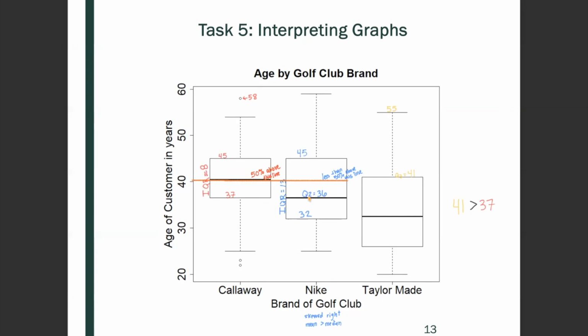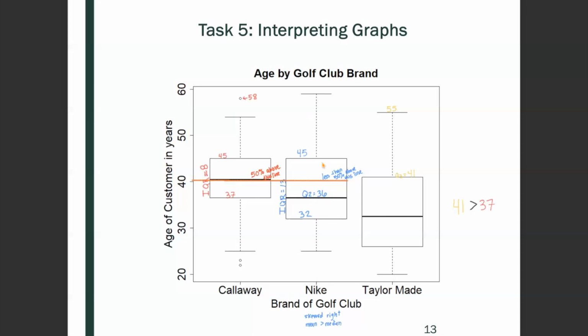We can kind of guess what the mean is, but a way to answer this question without necessarily calculating a number for the mean is to look to see, is this symmetric or skewed? If the box plot is approximately symmetric, which in this case it's not, but if it were symmetric, then we would have that the median is approximately equal to the mean.